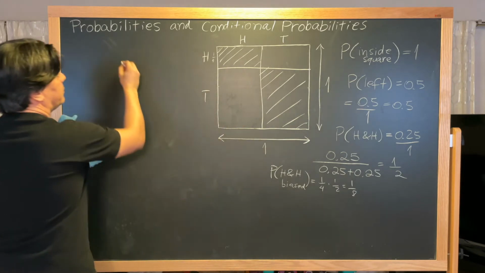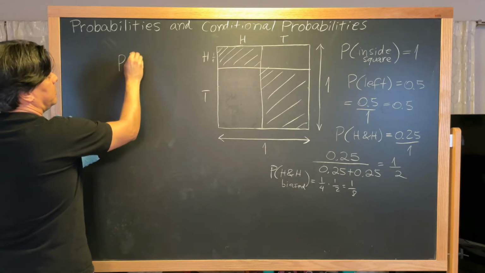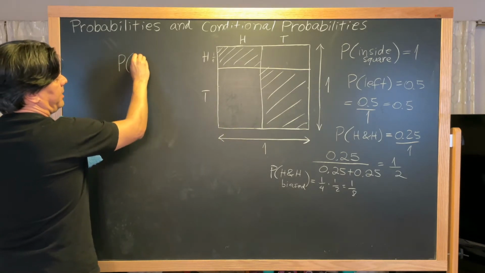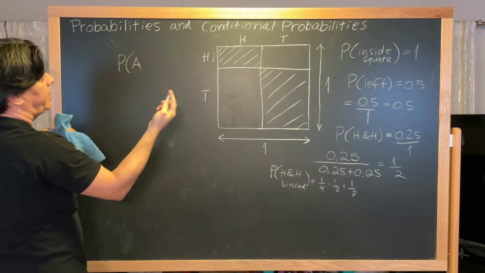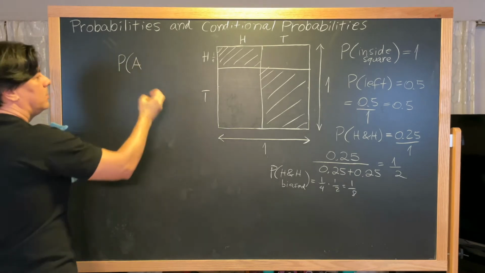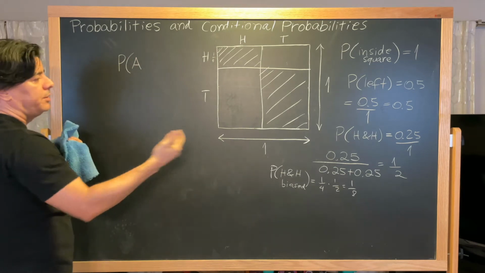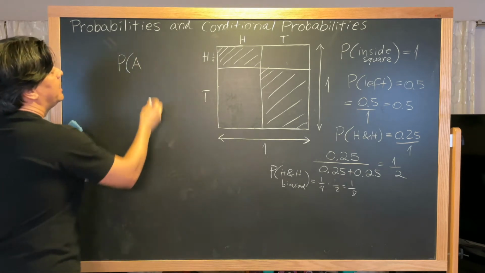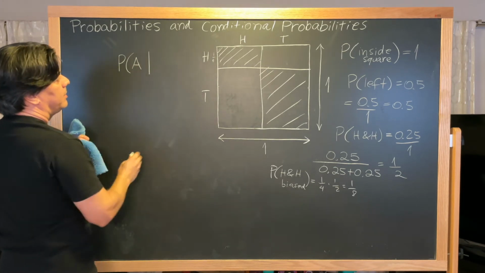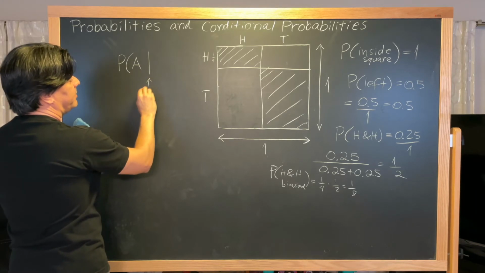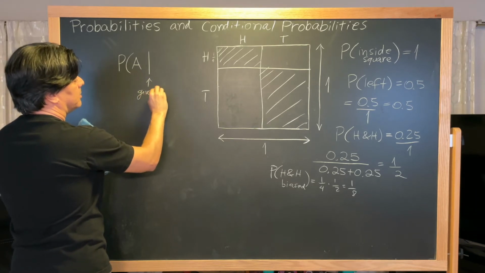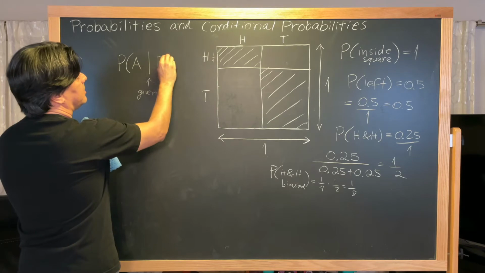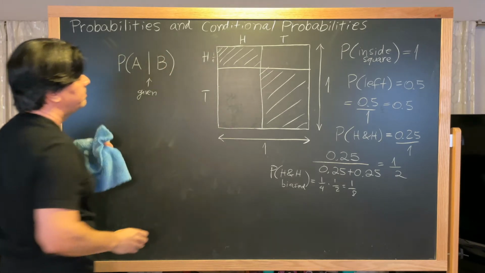We use the following notation. It's the probability of some event A happening, where A could be heads or a die roll turning up a certain number. And then you use a little bar like this, and this bar means given, and there's another event, right?